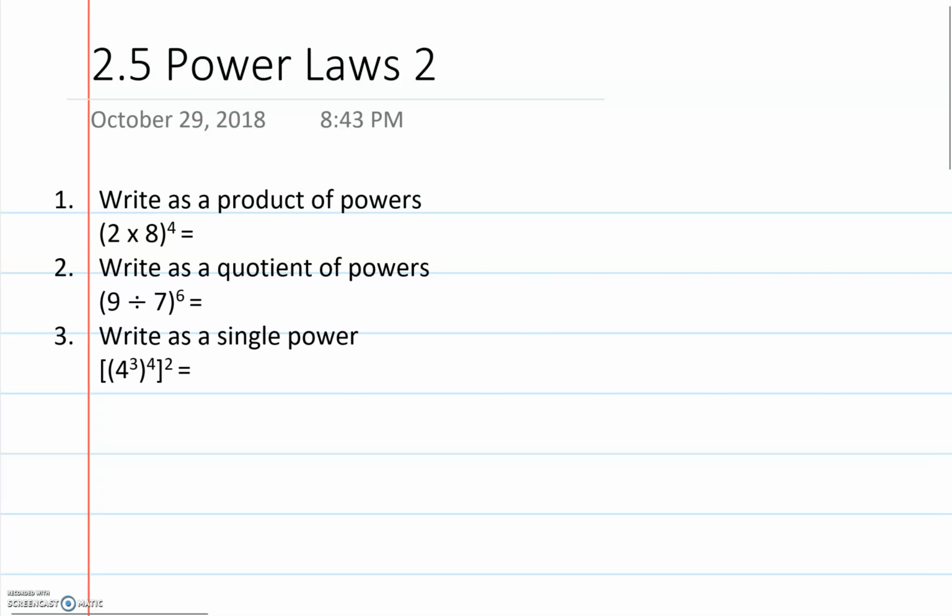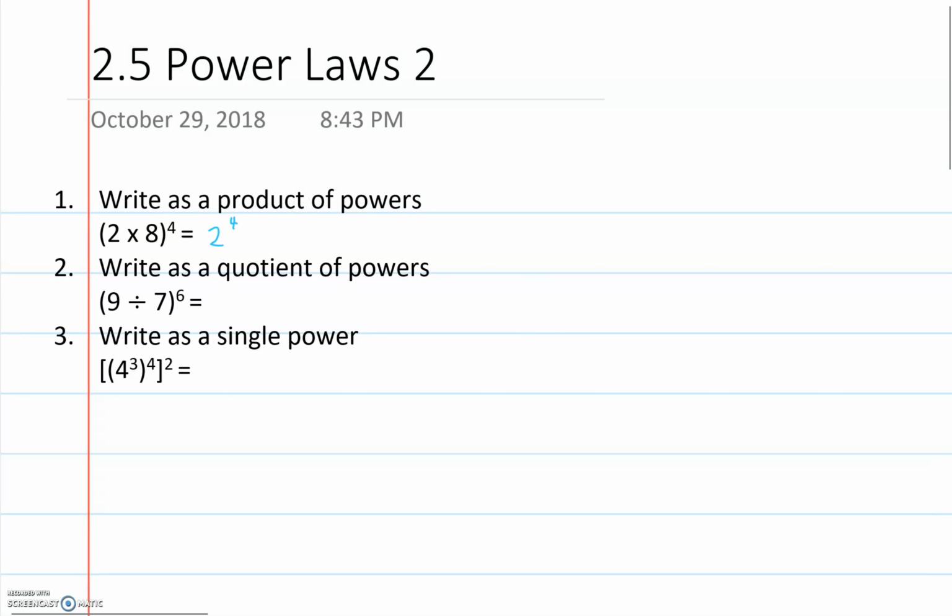If we're thinking about BEDMAS, we would do the inside first because it's in brackets. But this is also totally valid, and if it asks you for a product of powers, this is how you would do it. It makes it a little bit more sleek, especially if you don't know how to multiply all the different options in there. So this is how you do it.